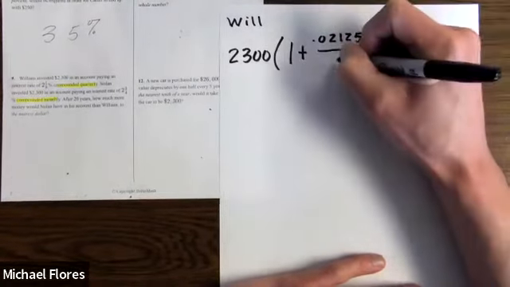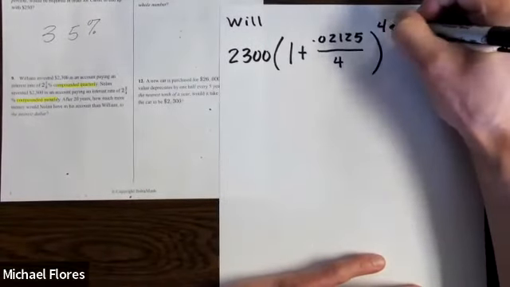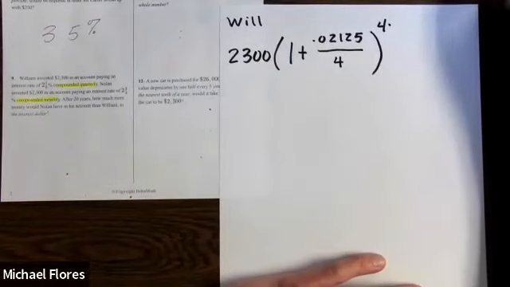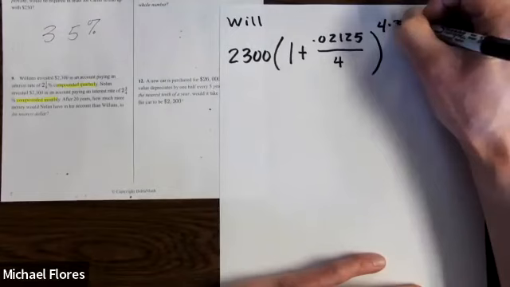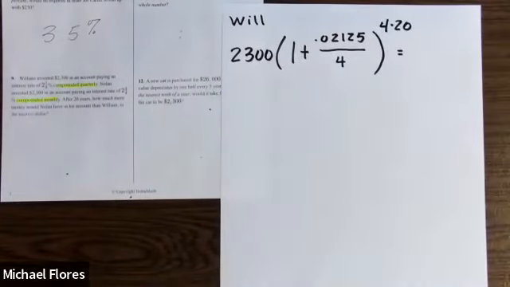Will is compounding quarterly, raised to the amount of time we are compounding times time, after 20 years. Okay, plug that in your calculator and get the answer.